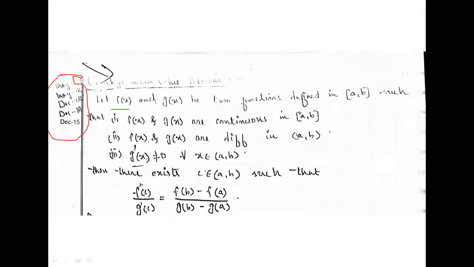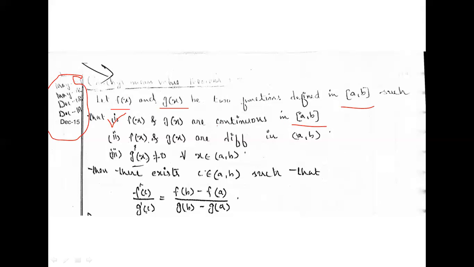Let f of x and g of x be two functions defined on the closed interval a comma b. What are the conditions? f of x and g of x are continuous in the closed interval a comma b.